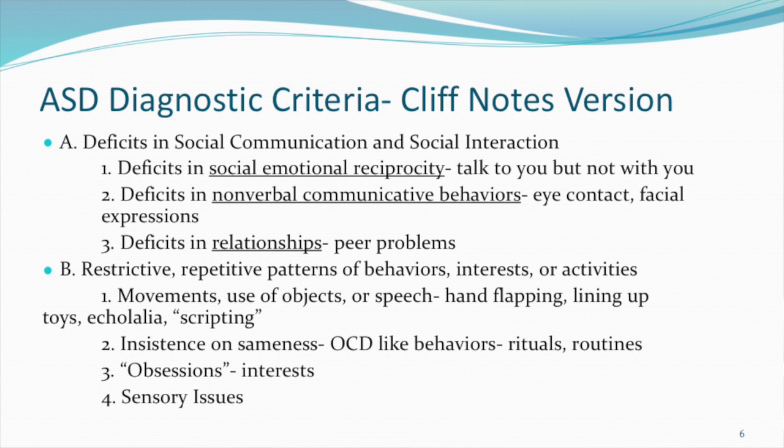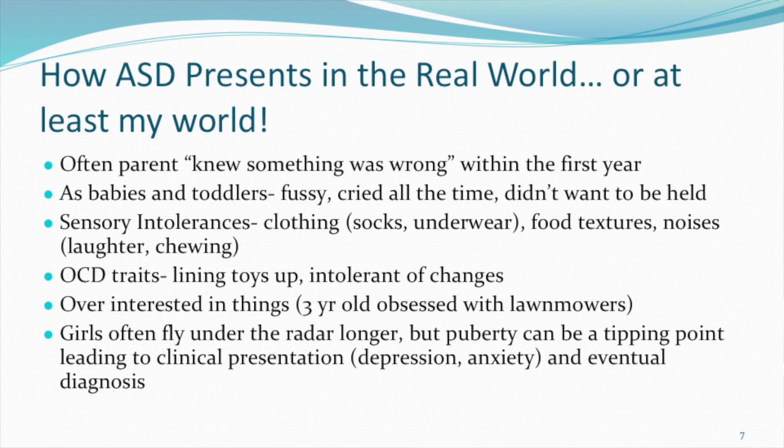And scripting, which is often used to refer to the repetition of phrases or even entire conversations from TV shows or movies. Insistence on sameness, almost OCD-like behaviors, rituals, routines, obsessions, fixations, and interests. And number 4, sensory issues. So that's how we define autism.